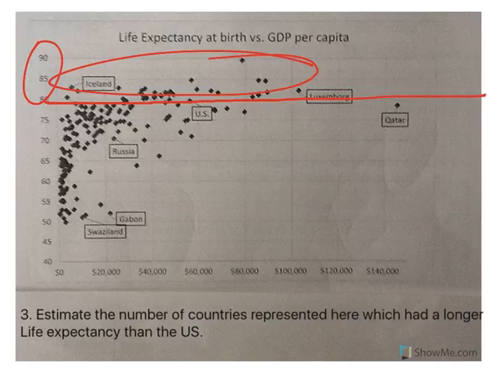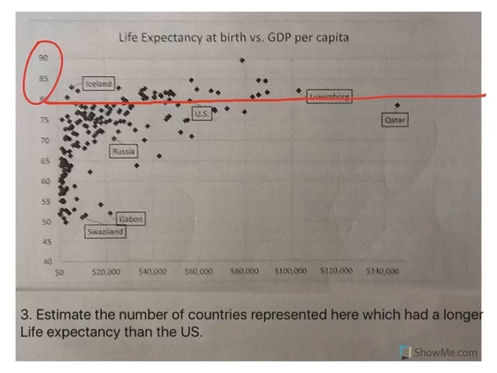But if you count the dots, how many do you see that are greater? And then do you count the ones that are right on that line? Are they greater? Are they the same? I don't know. I estimated roughly 27 countries have a longer life expectancy than the U.S. One of them being Iceland, one of them being Luxembourg. Right? That's very exciting information to know. Could help you in Trivia Crack.